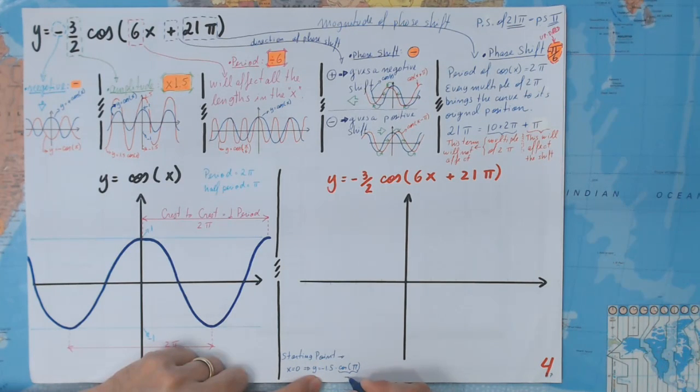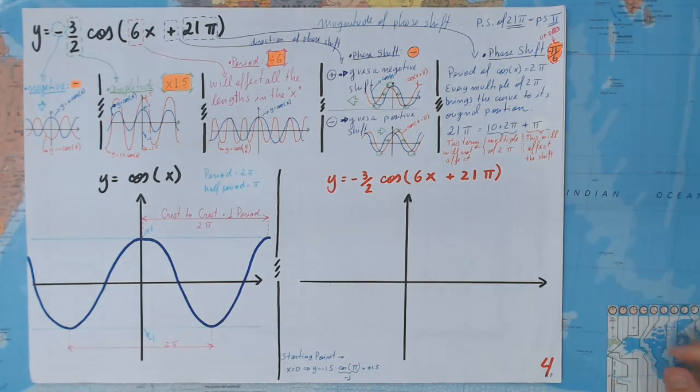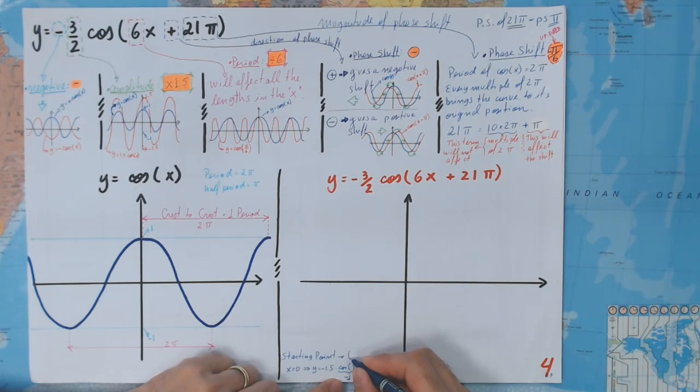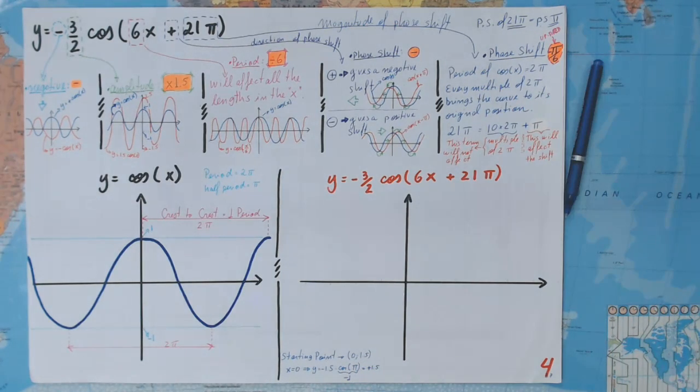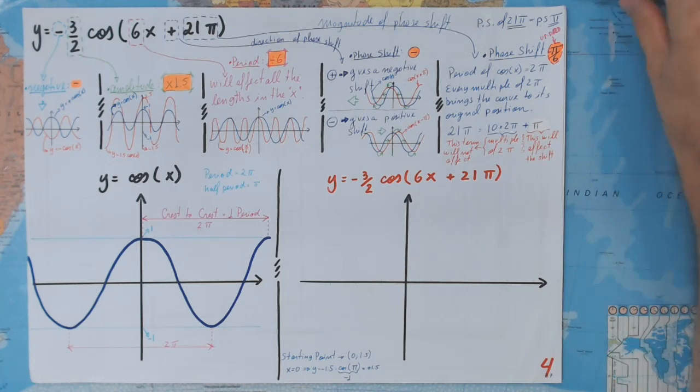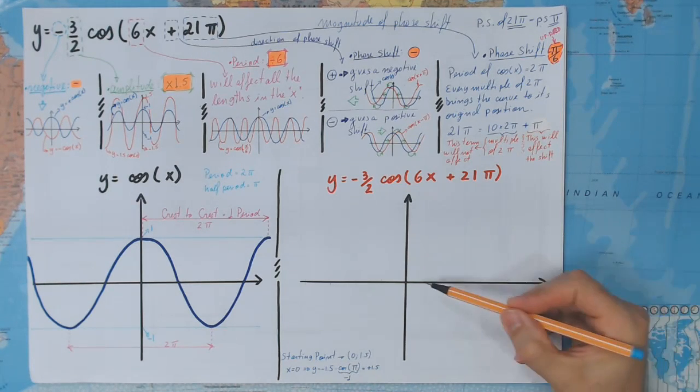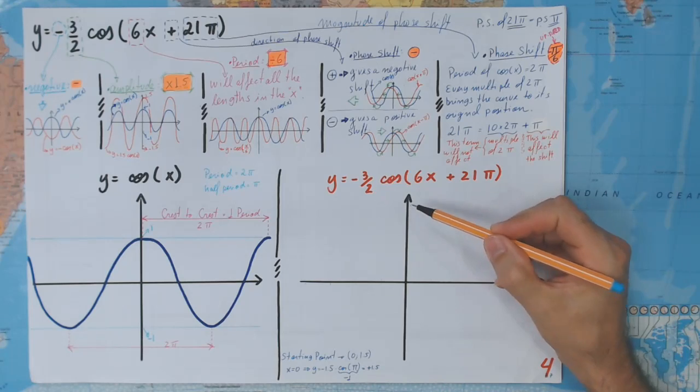It is just minus 1, isn't it? So our y is going to be plus 1.5, okay? So our starting point is going to be this point, 0 and 1.5.